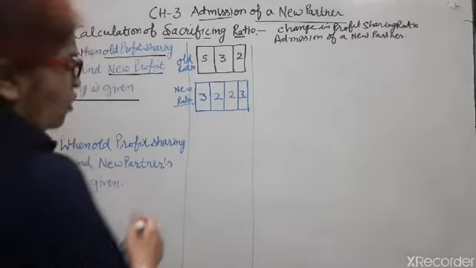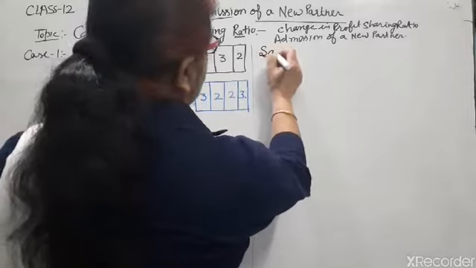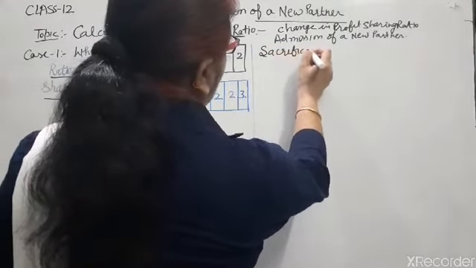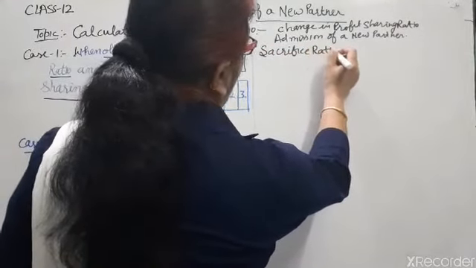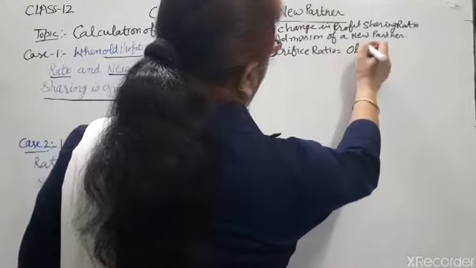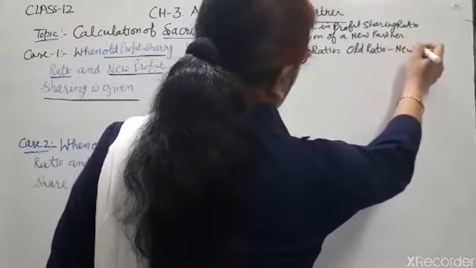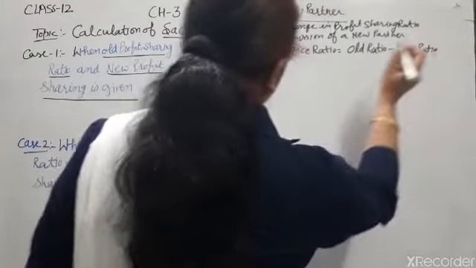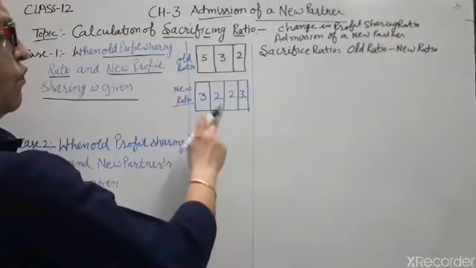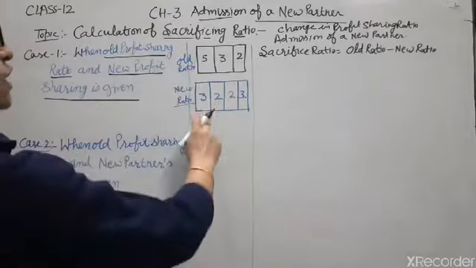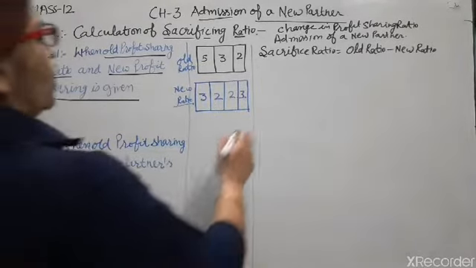First of all, we calculate sacrifice ratio, which is equal to old ratio minus new ratio. So we will find the sacrificing ratio by using this formula.